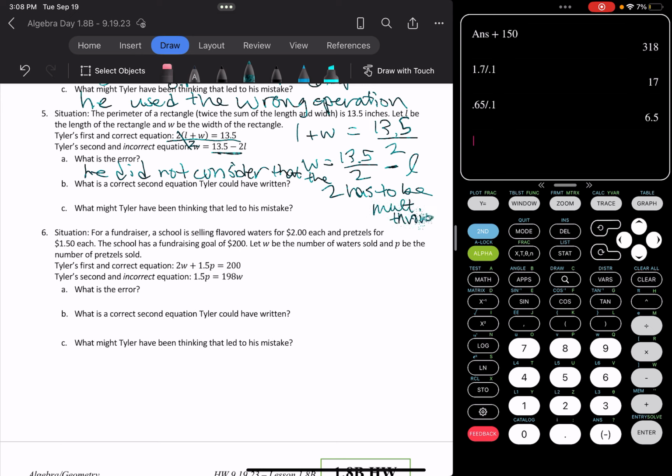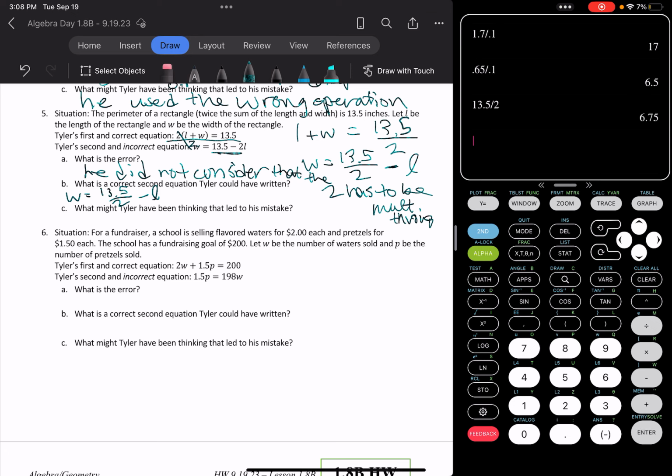Okay, because this is distributive property, so that 2 applies to the W as well as to the L. So a second equation that he could have written, we wrote over here, is W equals 13.5 divided by 2 minus L. You can also go ahead and again do 13.5 divided by 2. Give yourself 6.75. That would be fine as well.